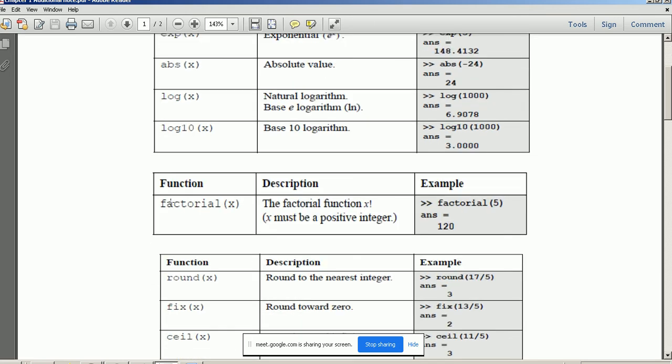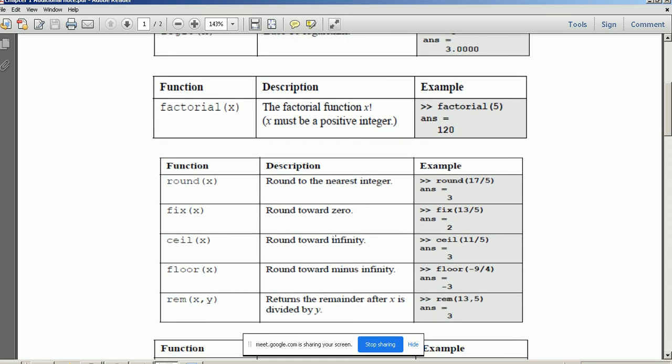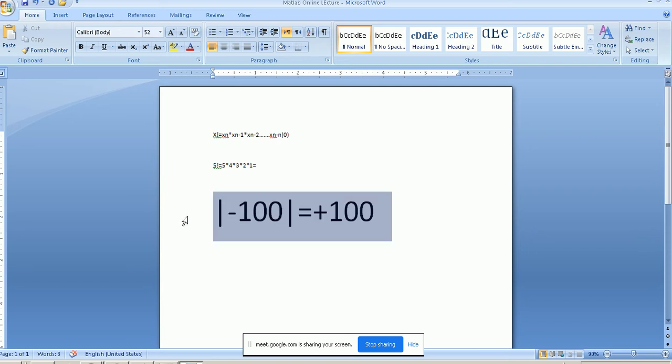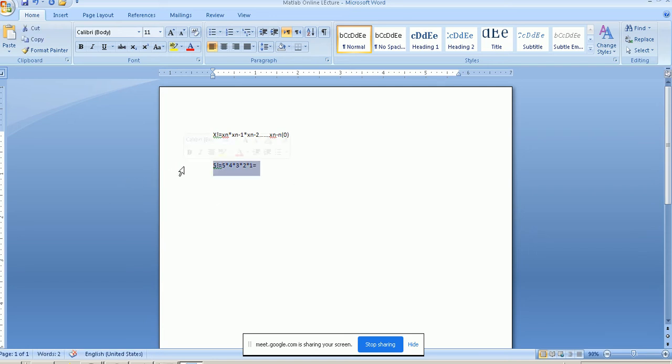Another thing, students, is the factorial. You should have taken this in math previously, but let me do a small revision on the factorial. Factorial is like this. If you have 5 factorial, let me write, for example, 10 factorial.